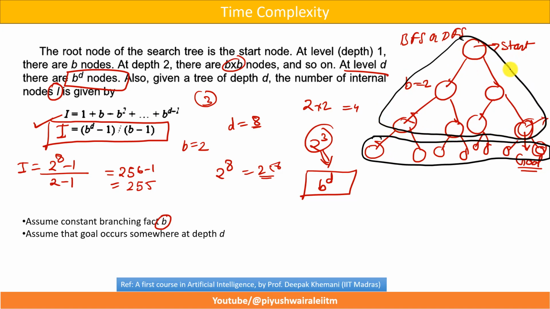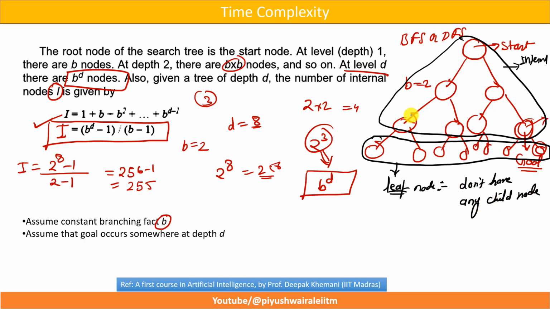So this is an internal node, right? This is a leaf node. A leaf node basically doesn't have any child nodes, right?